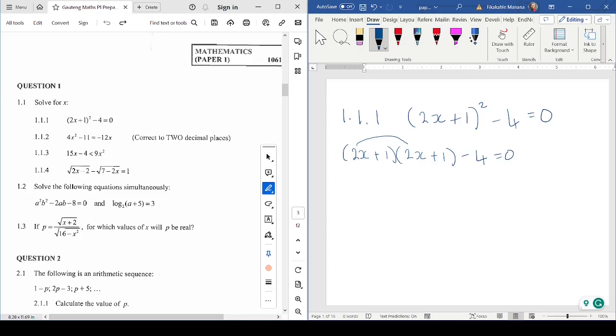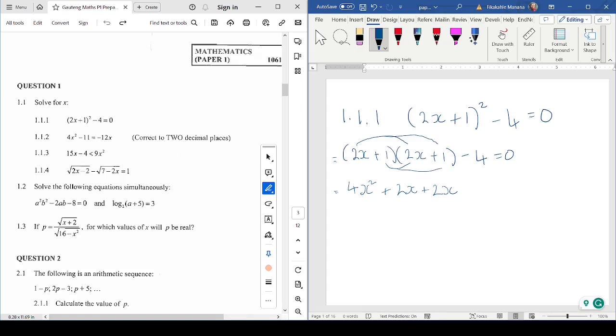So first of all, it's 2 times 2, which gives me 4, and then x times x, which gives me x squared. The next one, it's 2 times 1, which gives me 2, and then x times 1, which just gives me x. And then the next one, it's 1 times 2, which gives me 2, and then 1 times x, which gives me just an x.